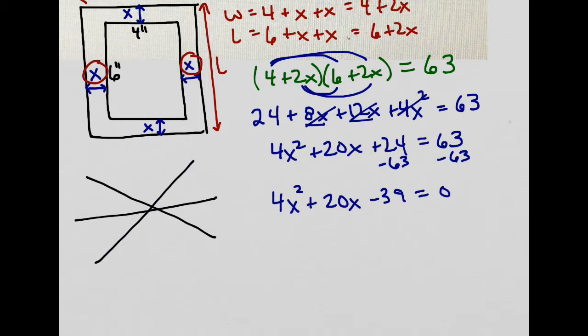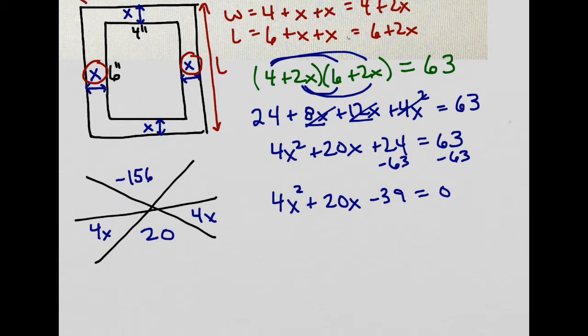So I have a 4x squared term. My b term is 20. So now I need to put my a times c up top. So when I multiply negative 39 times 4, I get negative 156. So at this point I need to find things that multiply to give me negative 156, but add to give me 20.